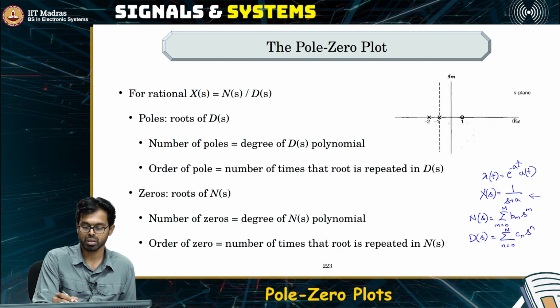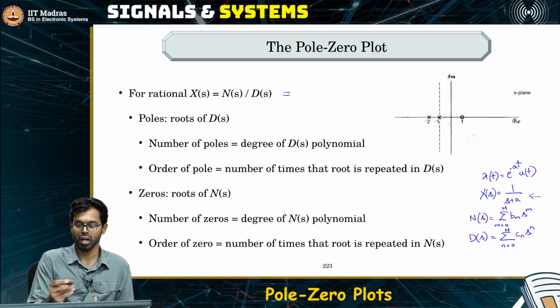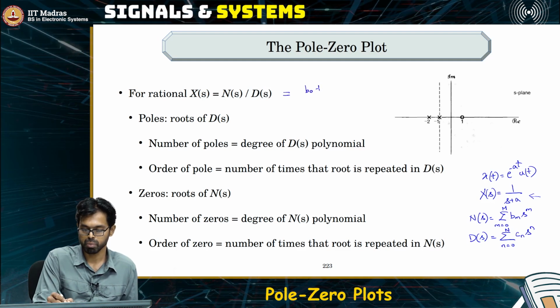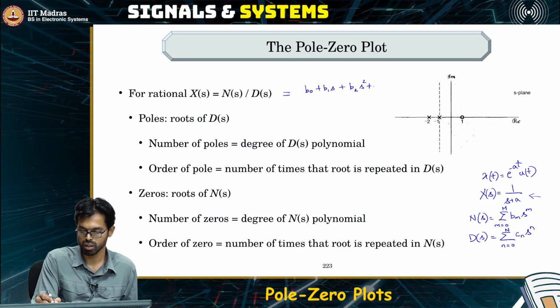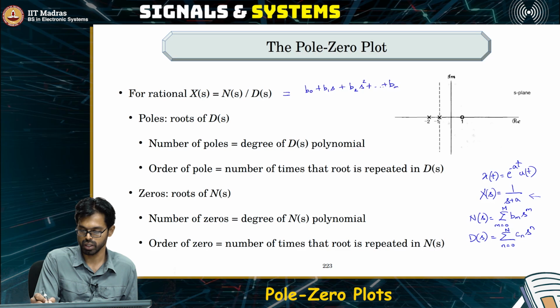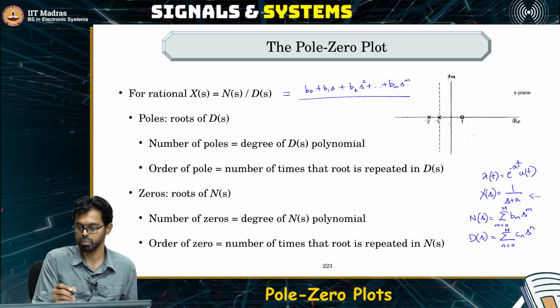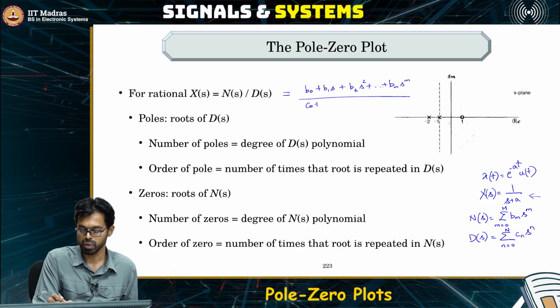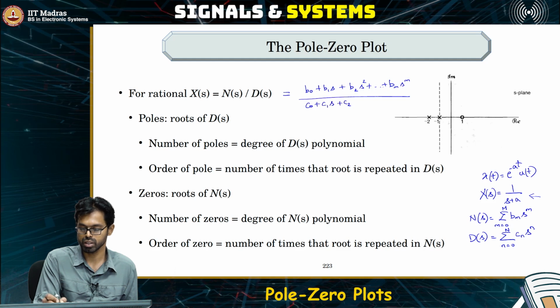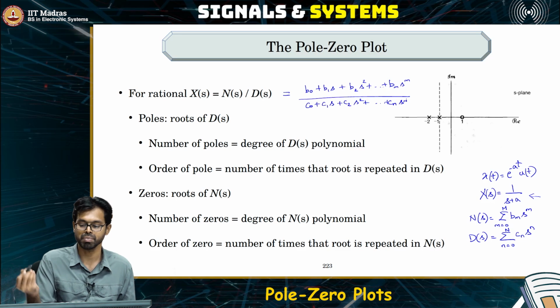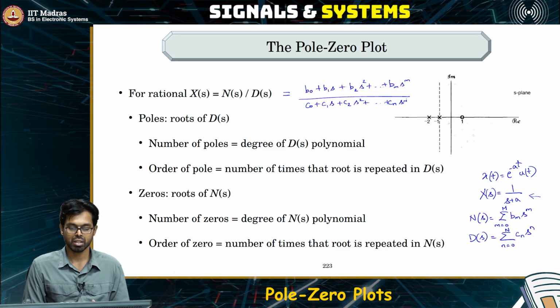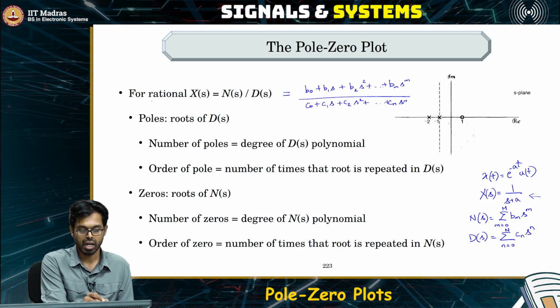If you can express the Laplace transform as b0 plus b1 s plus b2 s squared up until b_M s^M, divided by c0 plus c1 s plus c2 s squared up until c_N s^N, then such a Laplace transform is referred to as a rational.